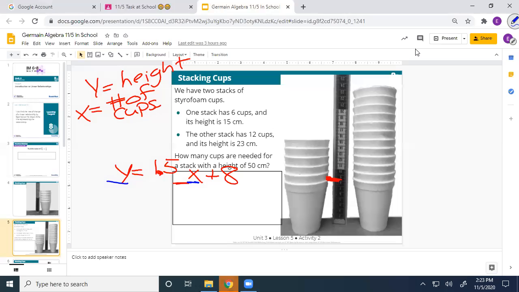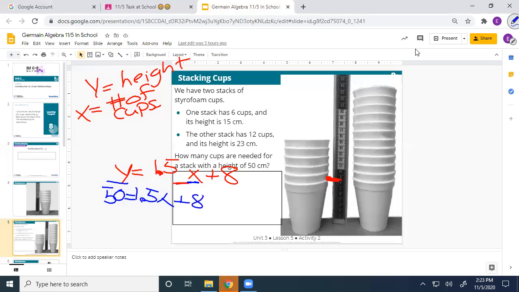So if I want to find out how many cups I need to get to a total of 50 centimeters, we're going to say 50 centimeters is equal to how much each cup adds, 1.5x, because we don't know how many cups we have. We're going to solve for that x, plus our 8.